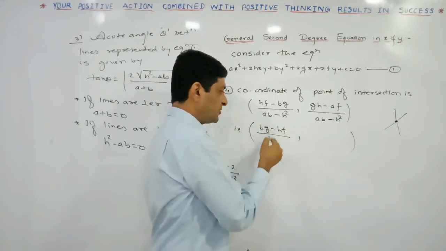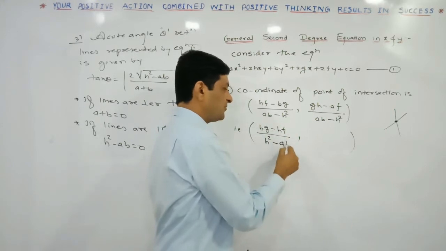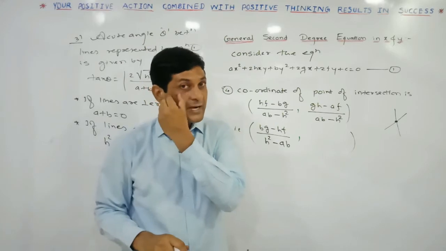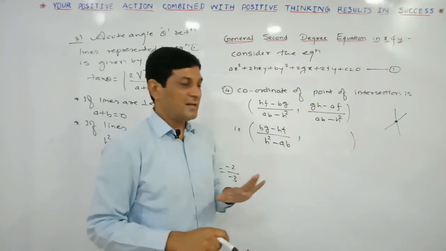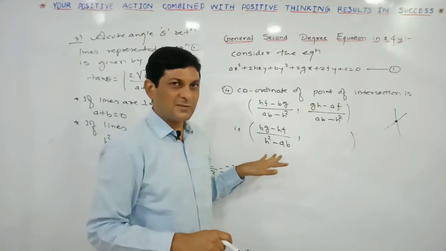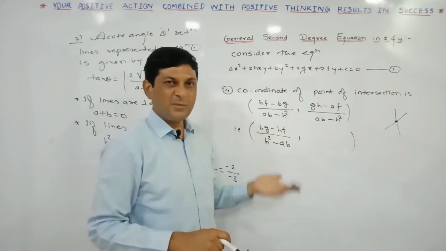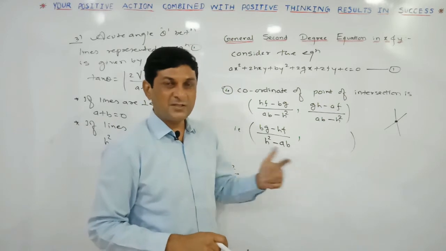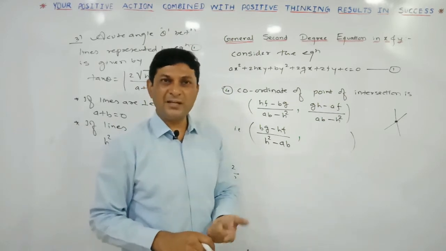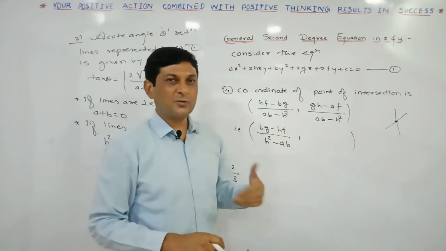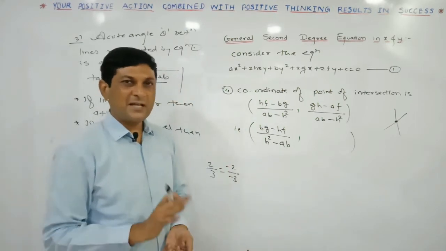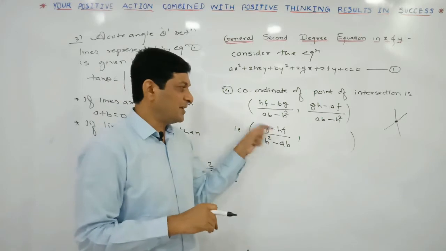We get this result simply by multiplying the numerator and denominator by minus. Now I think this will be a somewhat easy way to remember this formula. At least we can remember the denominator h square minus ab, since this term comes in both formulas, so at least we can learn the denominator easily. The numerator can be learned after some practice or after revising two or three times.